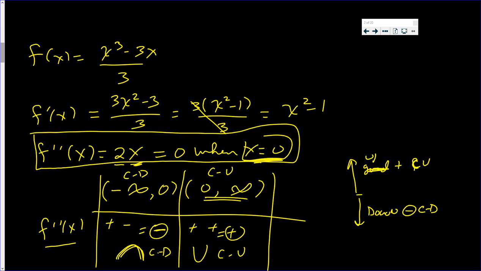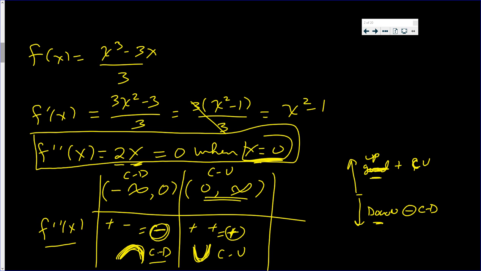Okay, maybe I should have just said up. Up is positive, good. Down is negative, bad. If I wanted to put good here, I should have put bad for going down. Okay, if the second derivative is negative, it is concave down. If the second derivative is positive on a region, that means it is concave up.